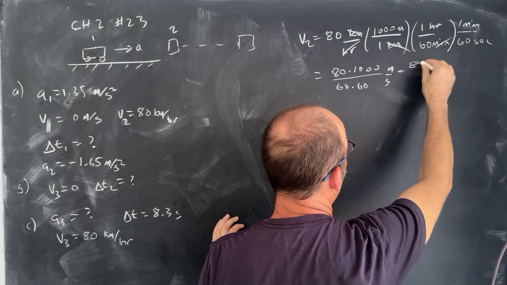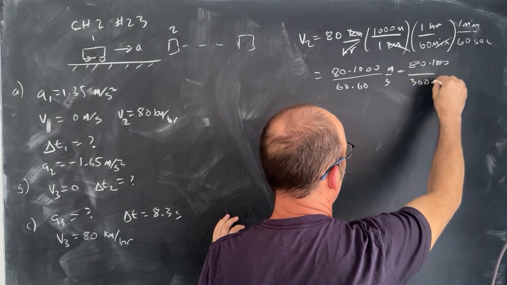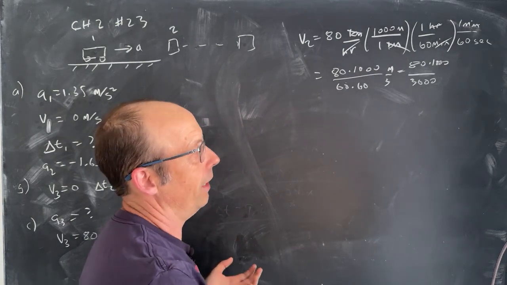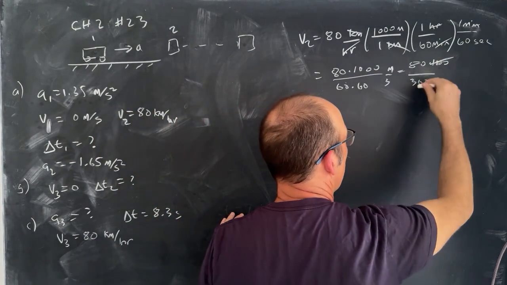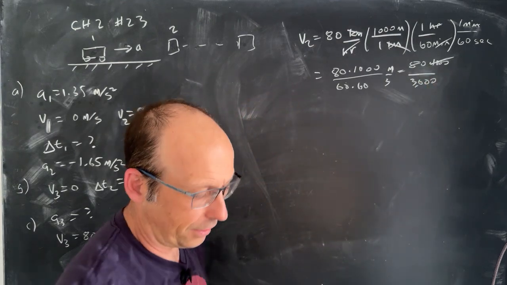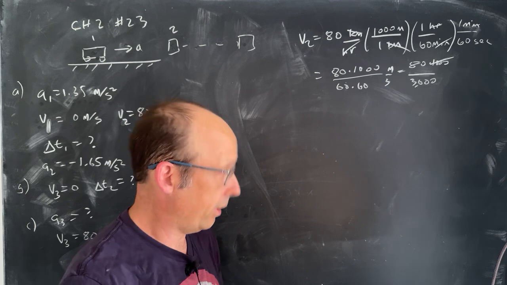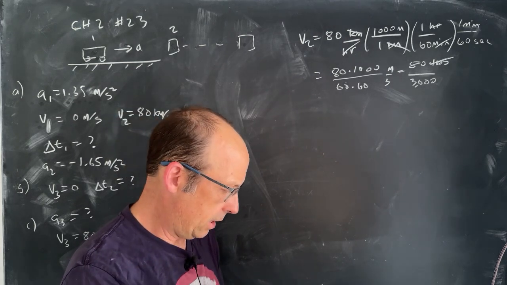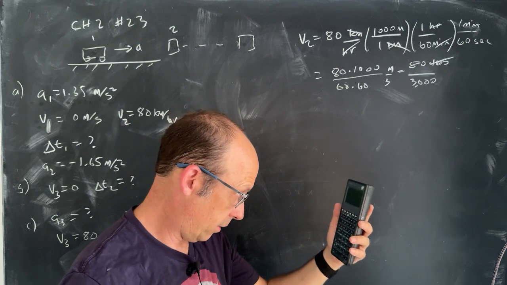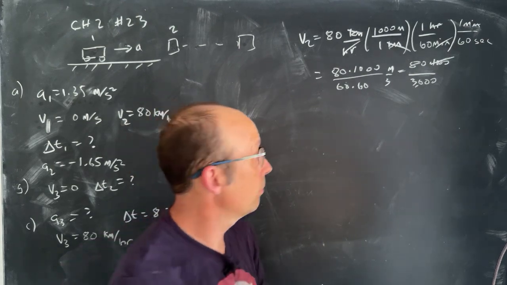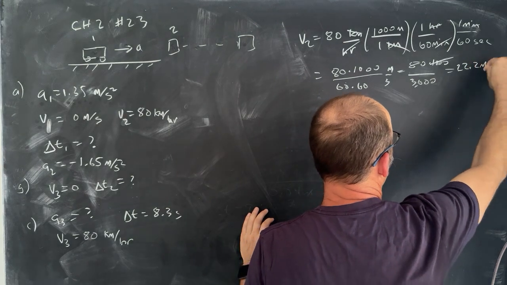So 80 times 1,000 over 3,600, which is the same as 80 over 3.6. I just did one of the steps in my head; you don't have to do that. Let's do this on our calculator. 80 divided by 3.6 gives 22.2 meters per second.